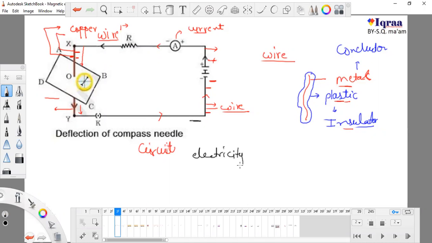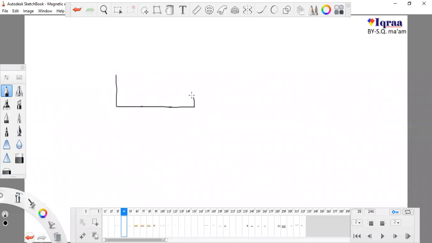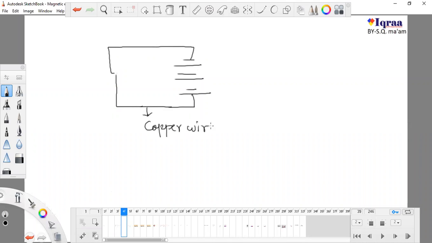This wire may be a copper wire, or I must say a wire which is not coated with insulator. I can say open metal. Definitely electricity is conducting this way, because this is positive and this is negative.